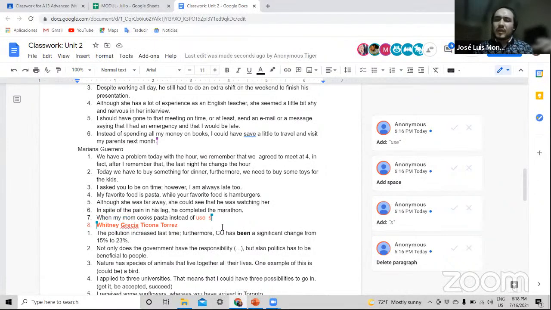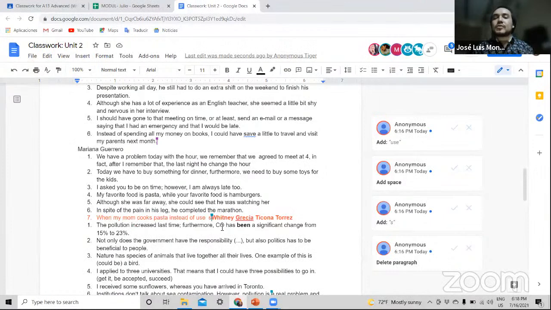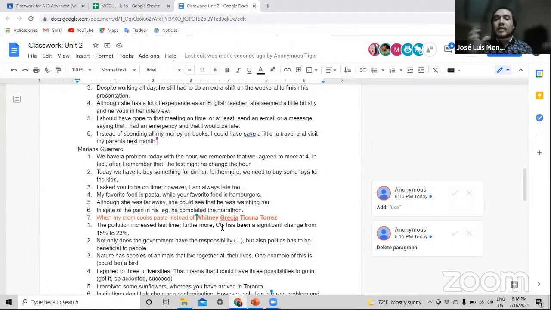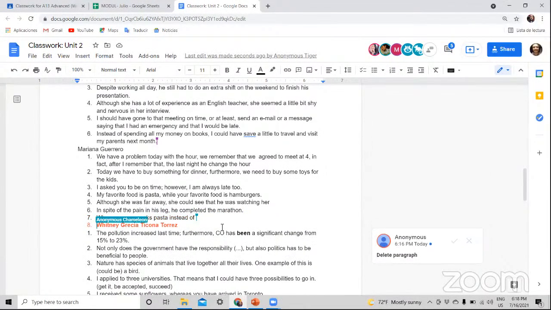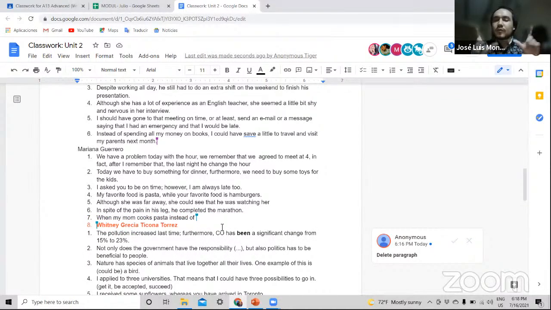Or I don't know, right? I'm cooking following this technique instead of using the previous one, right? That I used to use in the kitchen or something like that. So you need two complete ideas. But again, when you say that when, it gives me the idea that this is part of one same idea, Mariana.